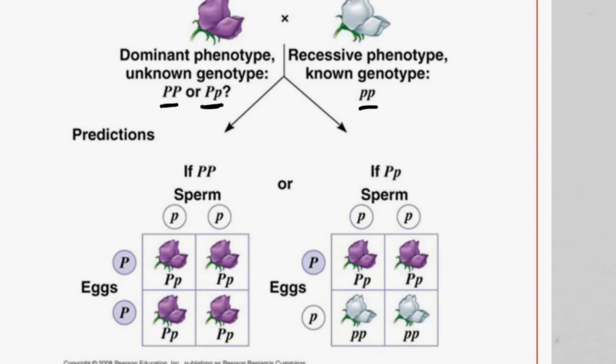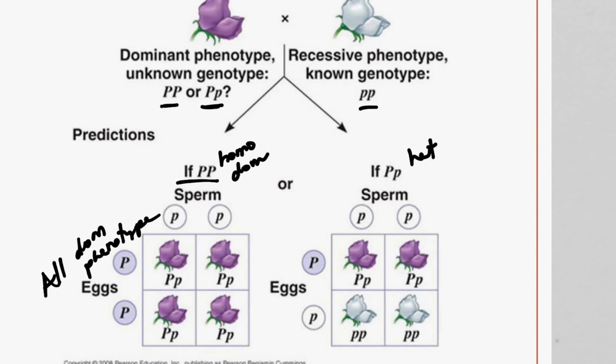So if you're trying to figure it out, and that's what's shown here, you can predict what would happen in each case if it's homozygous dominant or heterozygous. And then, based on the ratios of the phenotypes in the offspring, you can determine whether the parent plant was heterozygous or homozygous dominant, as long as you have enough offspring to do so. If the parent plant in question is homozygous dominant, then when it's crossed with a recessive phenotype, all of the offspring are going to show the dominant phenotype because they're all going to be heterozygous, as you see here.